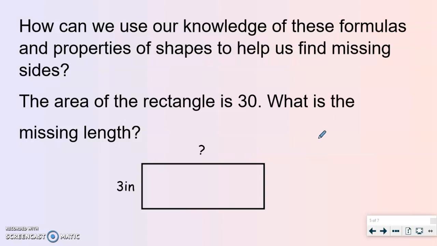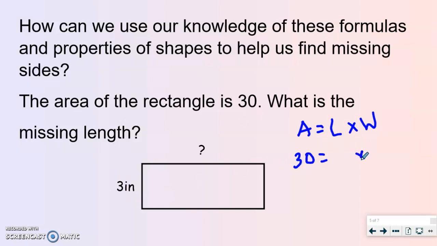So let's set up an equation using our area formula, okay? We know that area is length times width, okay? So length times width. They gave me my area, which is 30. So I'm going to replace area with the number 30. And I already know my width is 3.